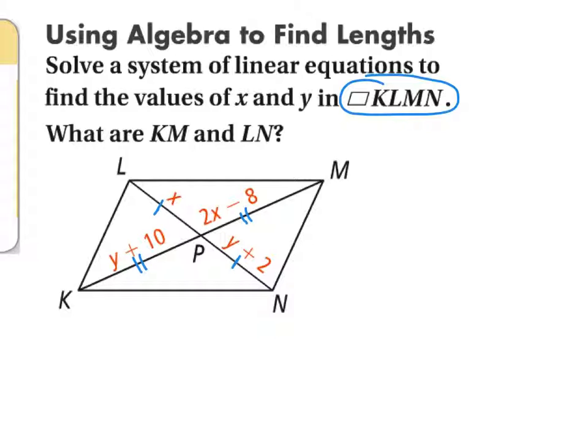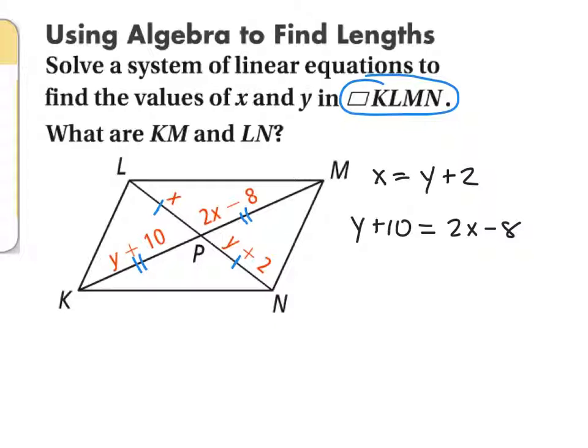So we need to write a couple of equations, because we know they're going to be equal to each other, right? They bisect each other. So we know that x equals y plus 2. And we know that y plus 10 equals 2x minus 8.